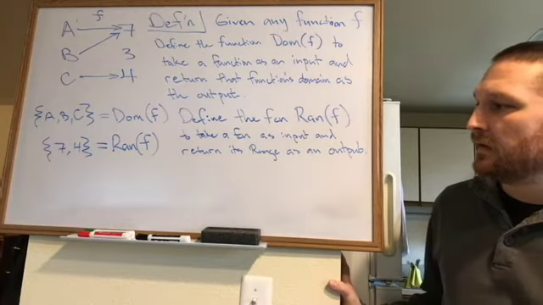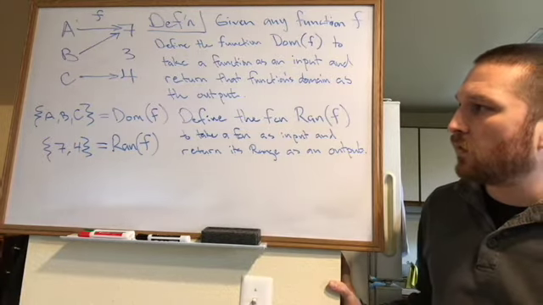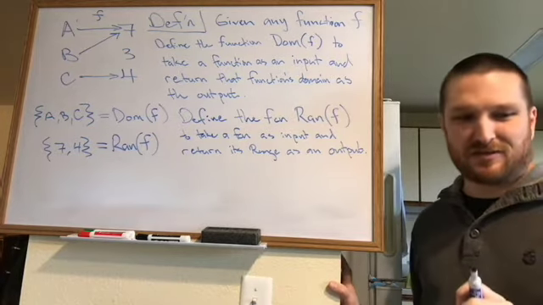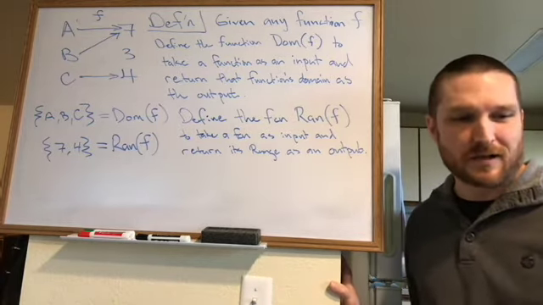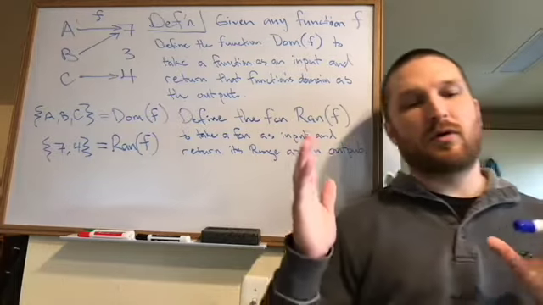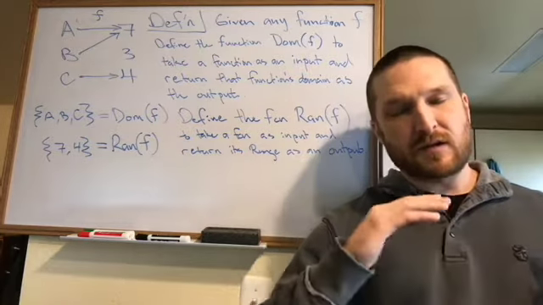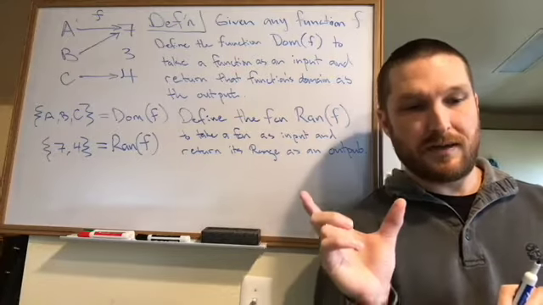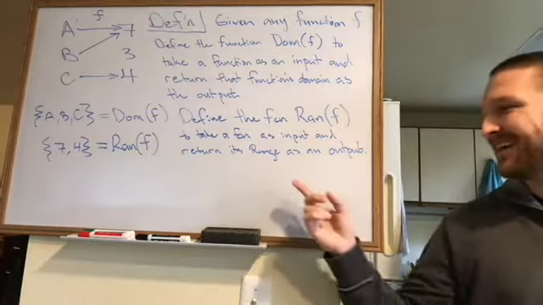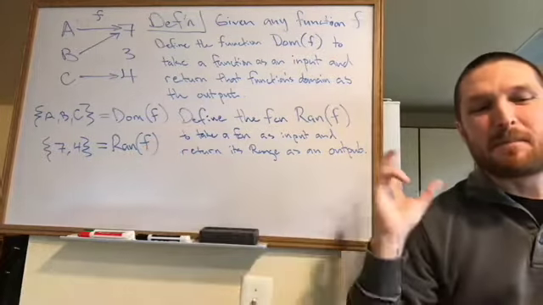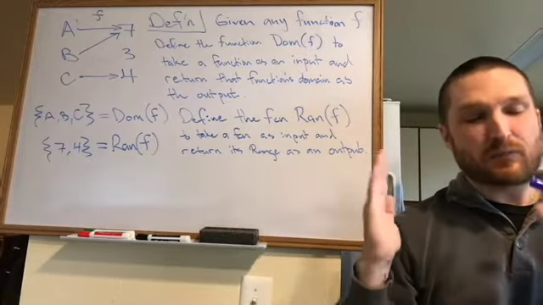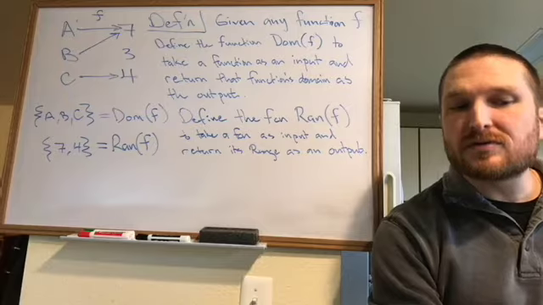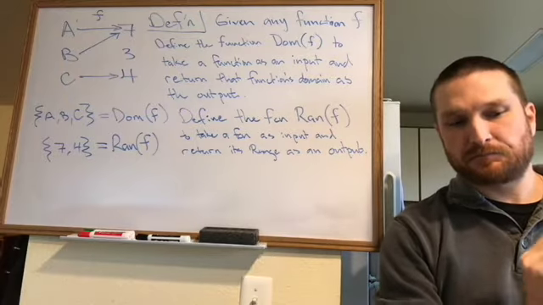Now I'm sorry, we're going to tweak our definitions one more time for domain and range, because now we're going into the world of real numbers. The functions that we talk about from now on are going to take real numbers as inputs and return real numbers almost always as outputs.